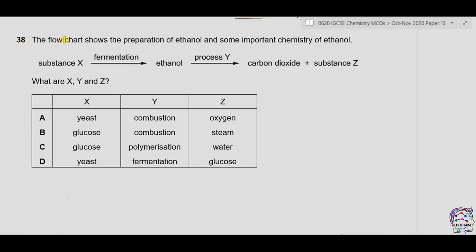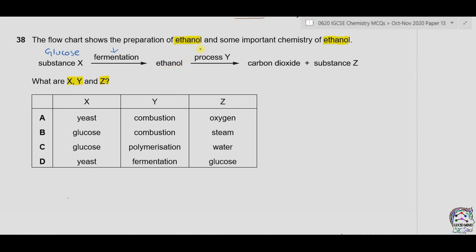Question 38. The flow chart shows the preparation of ethanol and some important chemistry of ethanol. What are X, Y and Z? The first process is fermentation. Now we know that glucose can be fermented in the presence of yeast to form ethanol. And ethanol can also be used as a fuel.